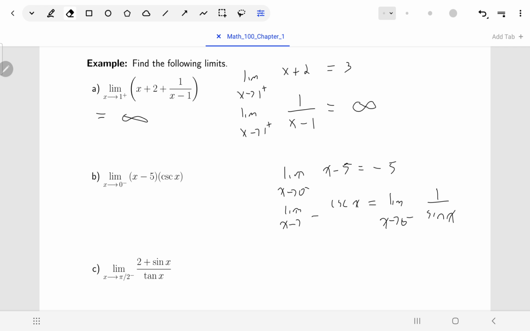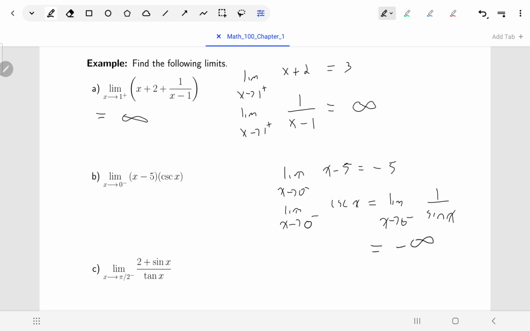And then you can ask yourself, okay, if I'm thinking about my graph of sine, I know as x is a little bit less than 0, sine is negative on the graph there. So I'd have 1 divided by negative numbers, getting closer and closer to 0. That would be going to negative infinity.